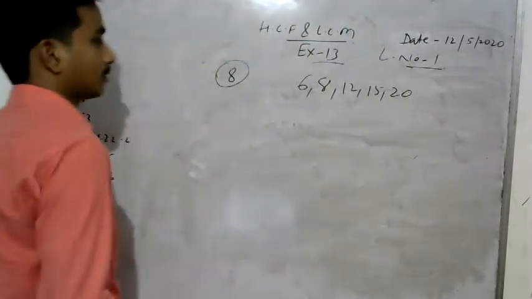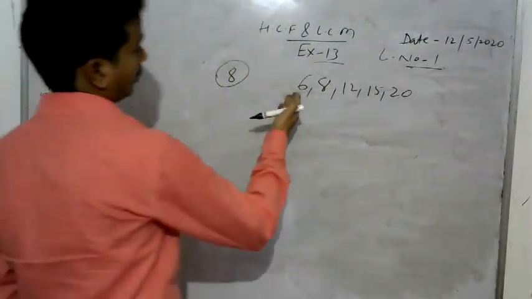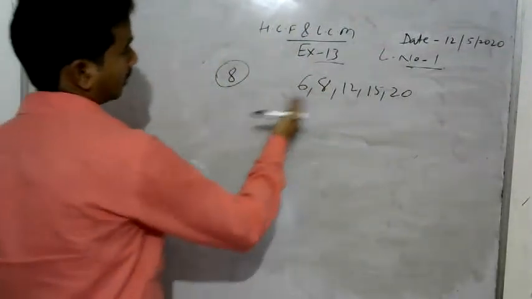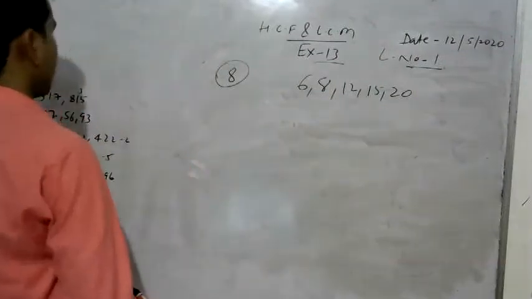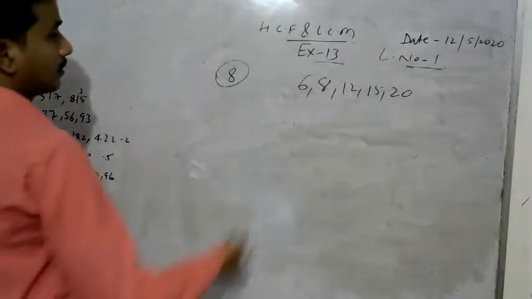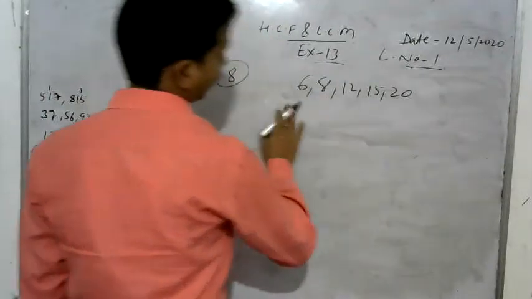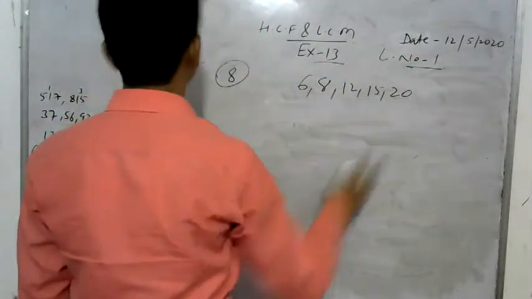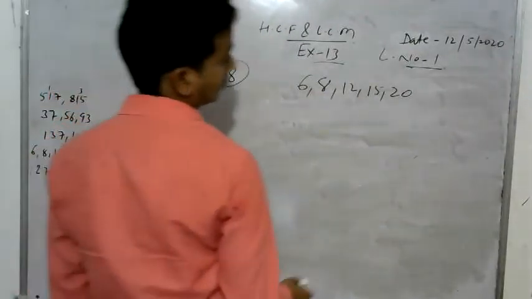Find the least number or the smallest number that when divided by all these five numbers, 6, 8, 12, 15 and 20, will leave 5 as a remainder.